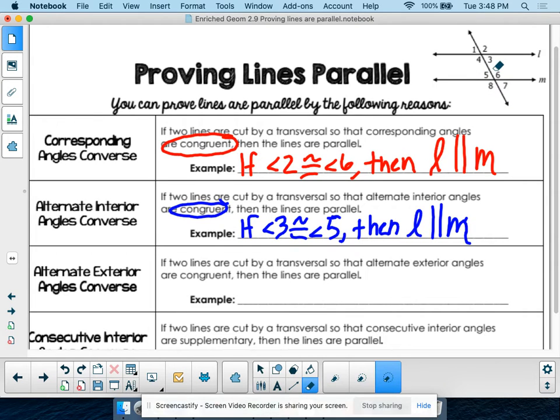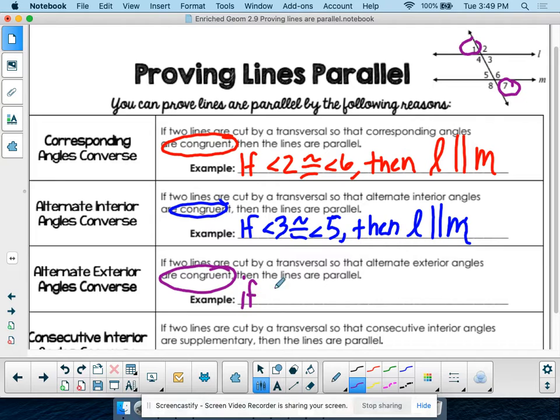Similarly, if we have alternate exterior angles that are congruent, we also have parallel lines. That would be like 1 and 7. So if angle 1 is congruent to angle 7, then line L is parallel to M.